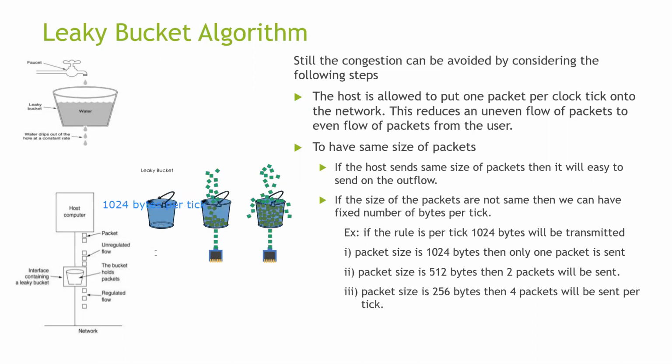Say in the first case there is one packet, of size 1024. Then my fixed rate per tick is 1024 and my packet is also 1024, so I can send only one packet in that one millisecond.